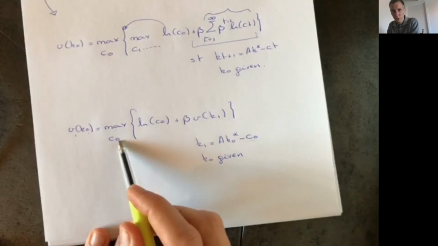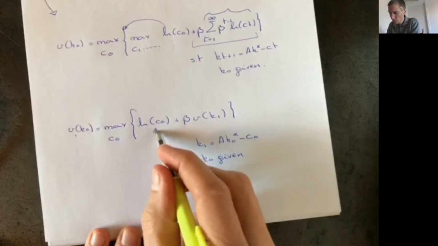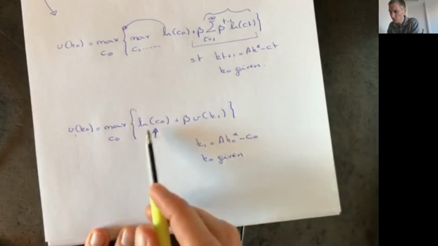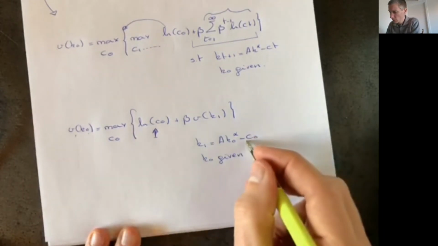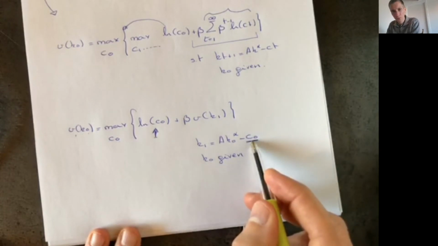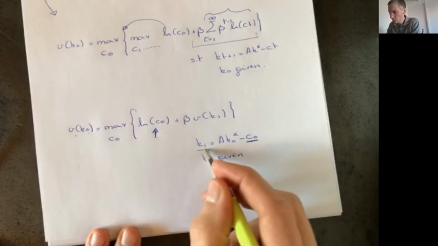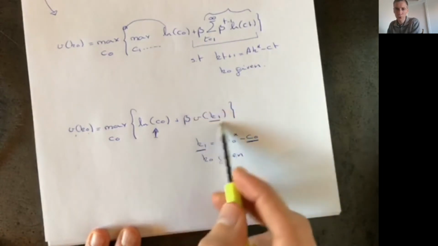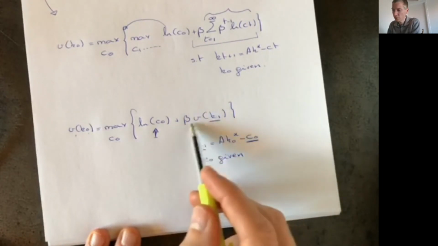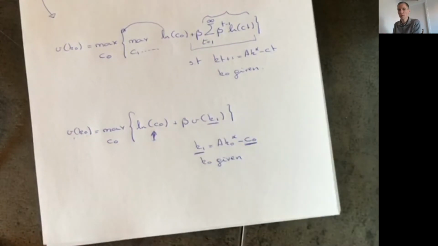Notice that if I choose C0, I'm going to have to take into account that C0 influences my instantaneous utility function, but C0 also, via the law of motion, is going to influence K1, and K1 is going to influence my future utility, right? My future payoff. This is basically the payoff that I'm going to get from tomorrow onwards.